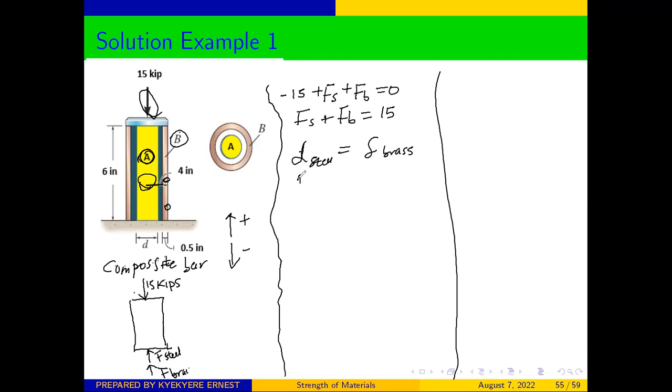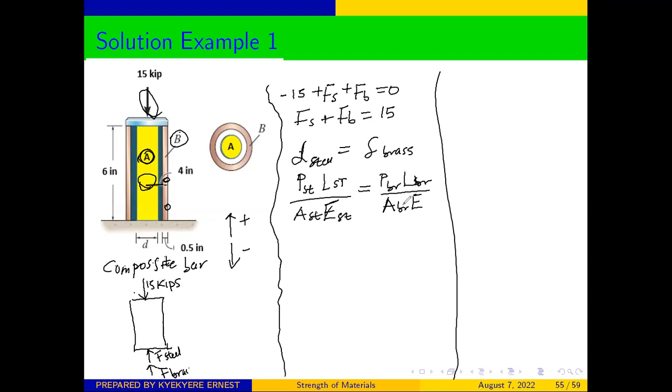We know the deformation equation: PL over AE. So the force in the steel times the length of the steel over the area of the steel times the modulus of elasticity for steel is equal to the force in the brass times the length of the brass over the area of the brass and the modulus of elasticity of the brass.